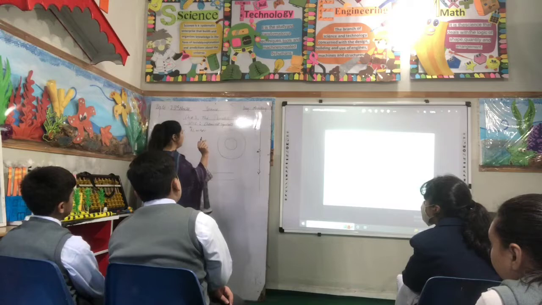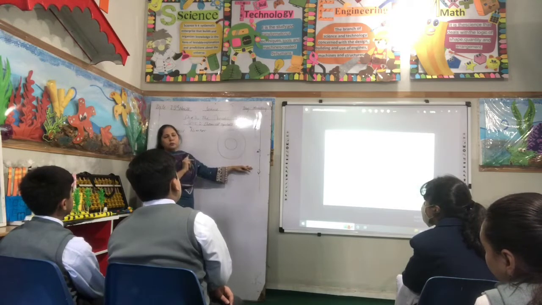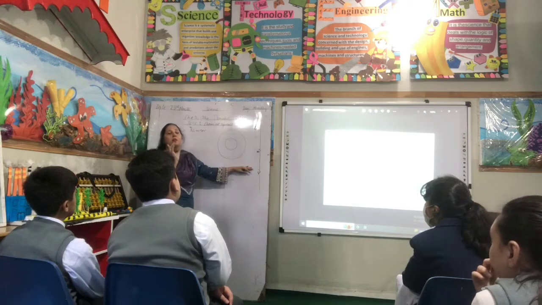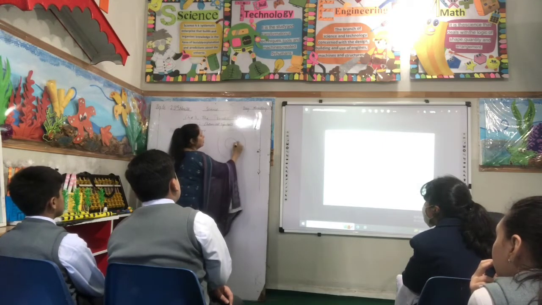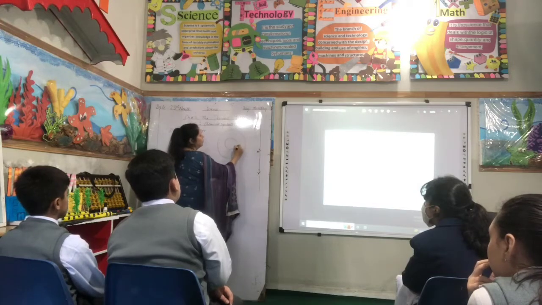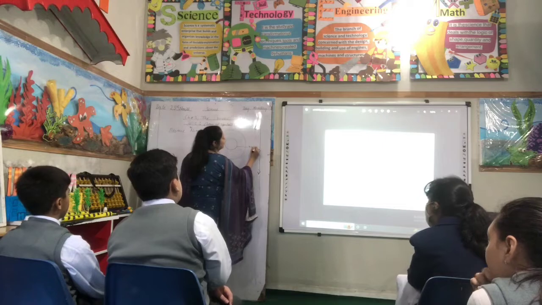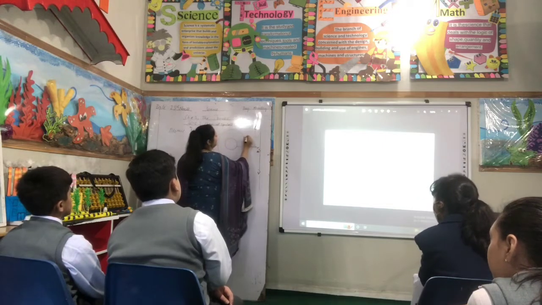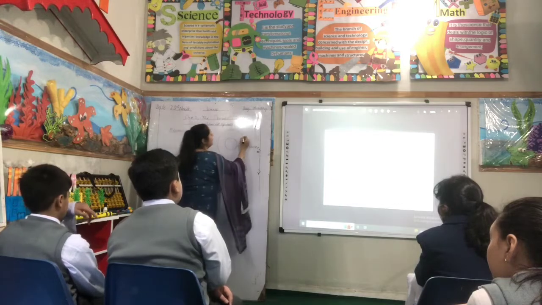So for that, what we need to know, first of all, is the basic atomic structure. In the basic atomic structure, there are two things. First is the nucleus, and the other is the orbit or energy level, energy shells, which have electrons.